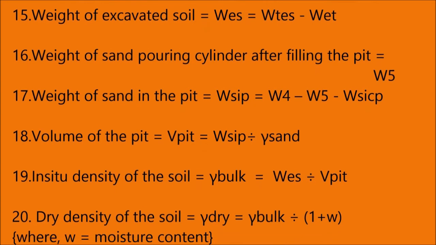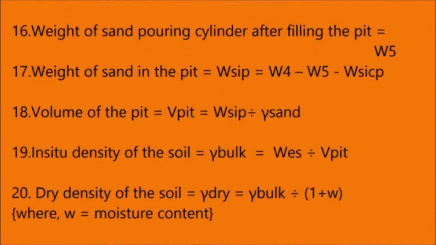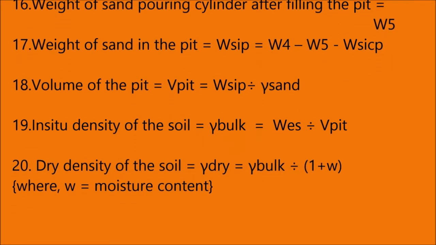Take the weight of the sand pouring cylinder after filling the pit as W5. Weight of sand in the pit is W4 minus W5 minus WSICP. Volume of the pit can be obtained by dividing the weight of sand inside the pit by the density of sand. Density of the soil is calculated by dividing the weight of excavated soil by the volume of the pit.